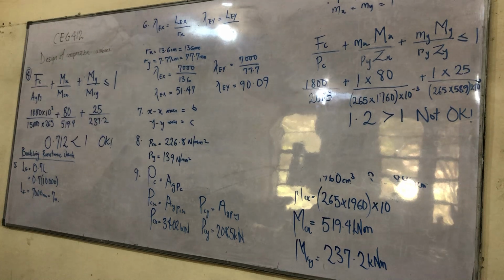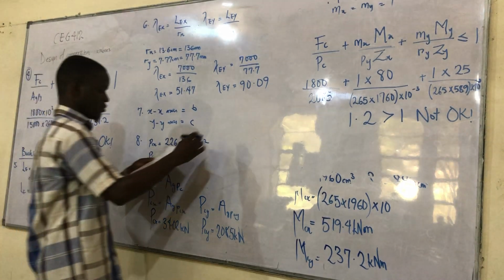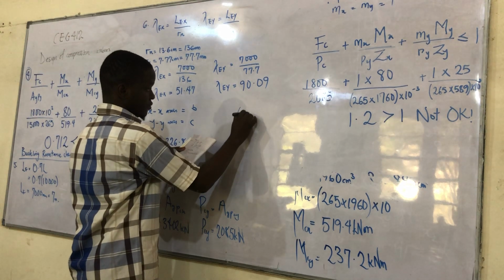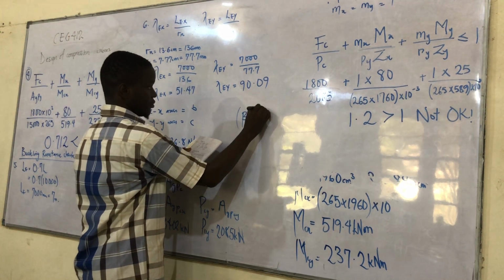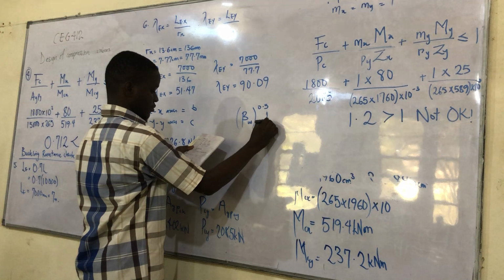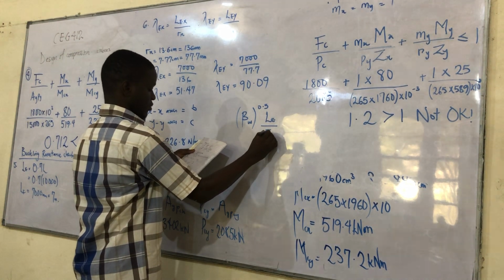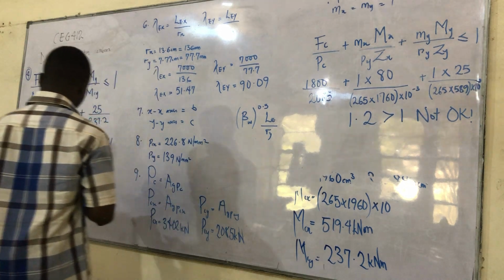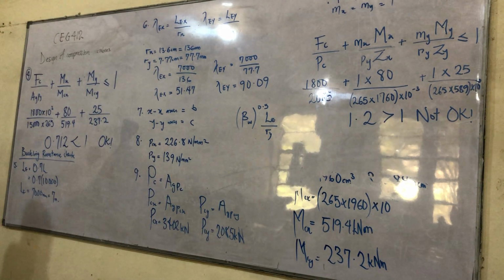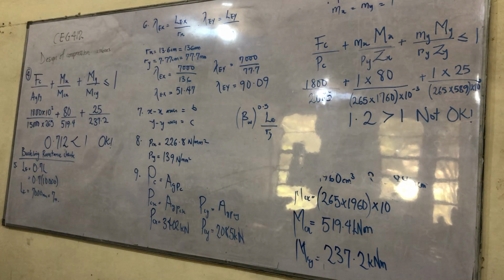Beta subscript W, let me write it for you. That's the formula. So get the value because you need that value to use this table.